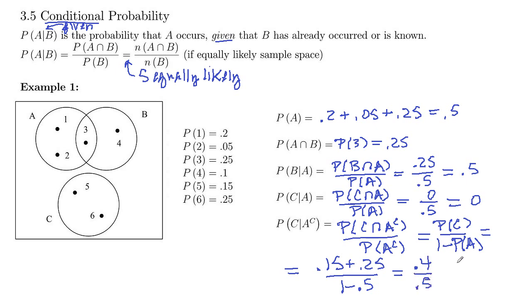So that's 4/5 or 8/10, 0.8. So that's conditional probability, and we had to use the probability formulas. We couldn't use this one because we did not have an equally likely sample space. So just remember here that your given event, that's the probability that goes in the denominator.